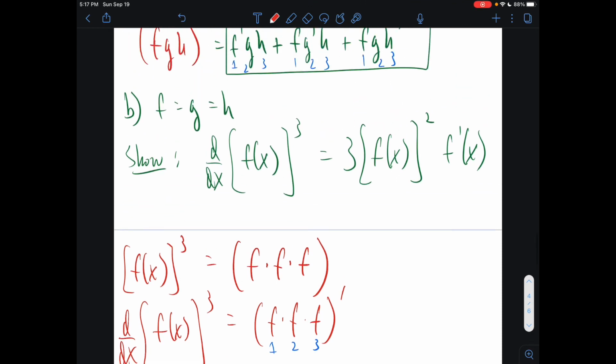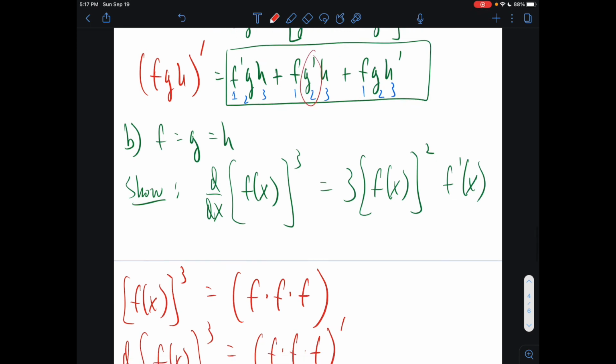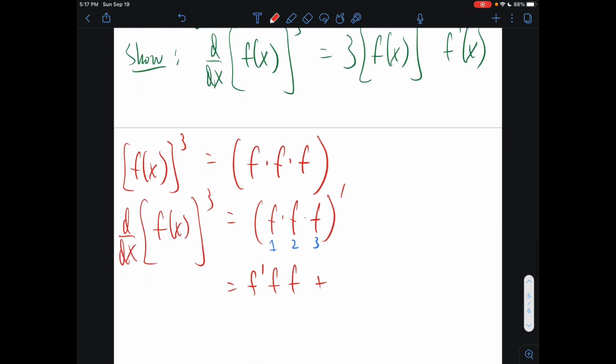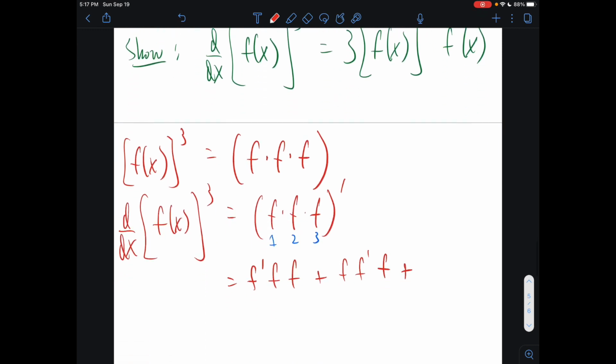And then now I need to find the derivative of the second, which is really just f again. And it has to be surrounded by the first function and the third function. And then finally take the derivative of the third function and then multiply it by the first and the second before it. But these things all look exactly the same.